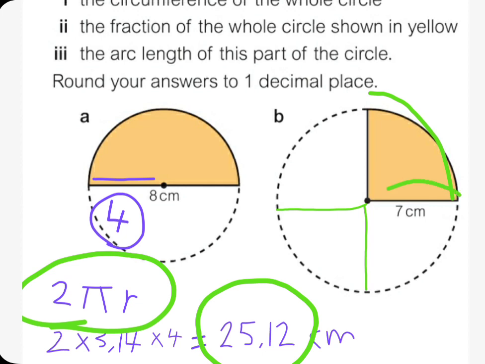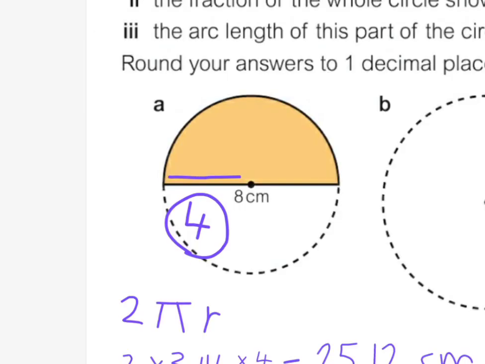And then you add this 7 and this 7 to it to finally find the circumference of the whole shape. And after that, you round it to the first decimal place. And this is how you answer a question like this. You can do the same for circle B. Find the whole circumference, divide it on 4, and then add the diameter to it.